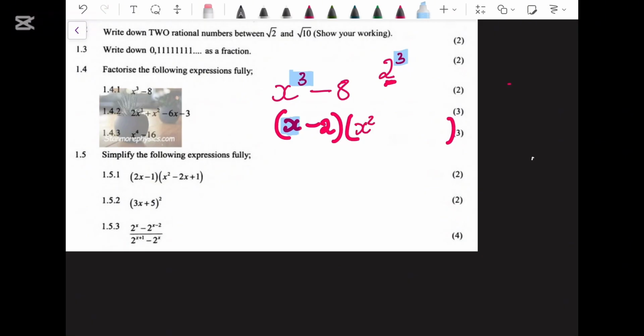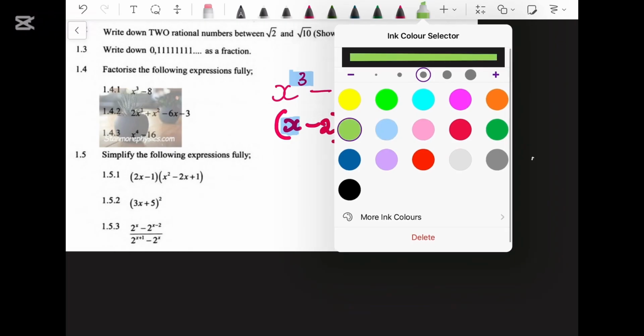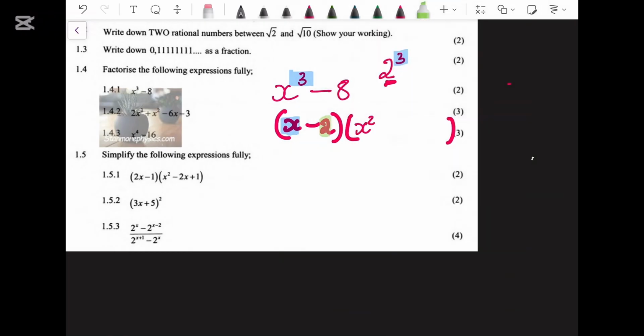To find the very last term, we square 2, which gives 4. To find the middle term, we multiply 2 by x, which is 2x. If you have a difference of 2 cubes, all the signs in the second bracket are positive.